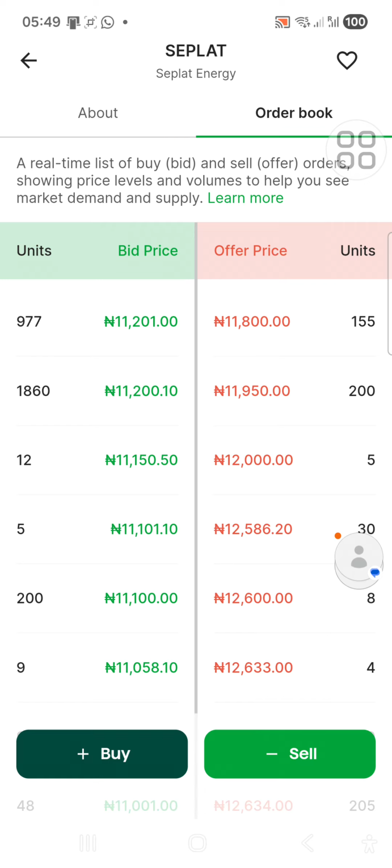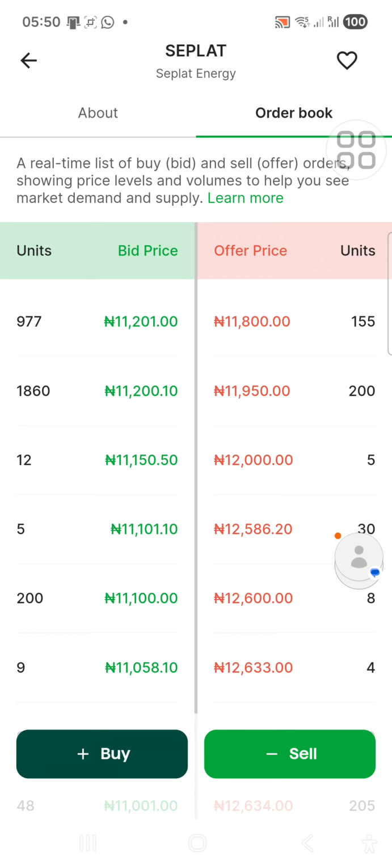If somebody is offering to sell at 11,800 naira and you now decide you are going to bid 11,201 naira, even if you bid 11,500 naira, you will still have to wait until somebody lowers their price. So the best thing is always bid at the lowest offer price. The lowest offer price is 11,800 naira.